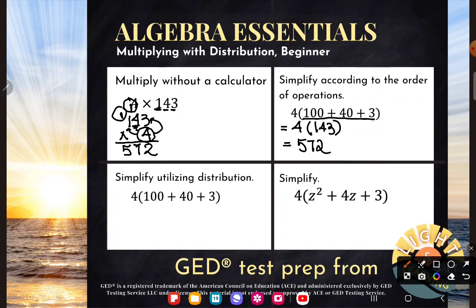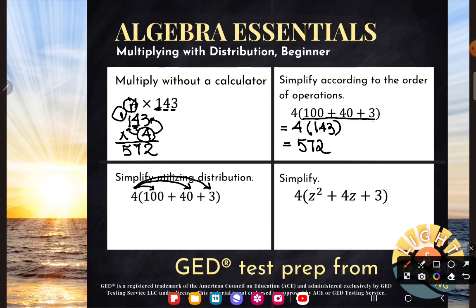But next I want to look at if I used distribution instead of the traditional multiplication algorithm. And I'd like to argue that it's the same thing, just my work is organized a little differently. So in this case, I have my 100 plus 40 plus 3. And instead of using the order of operations and dealing with the grouping first, I would like you to use that lovely distributive property that we talked about, that says you're going to get the same answer if you pass out the multiplication to all the terms.